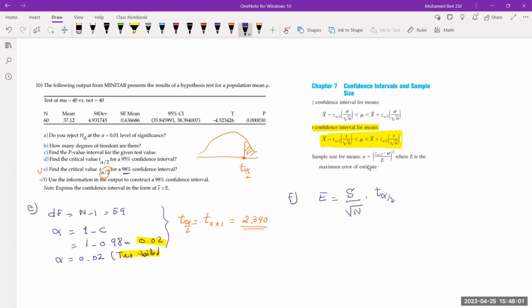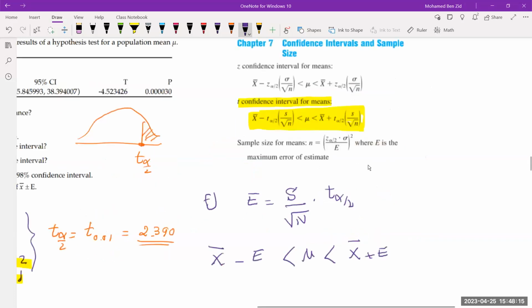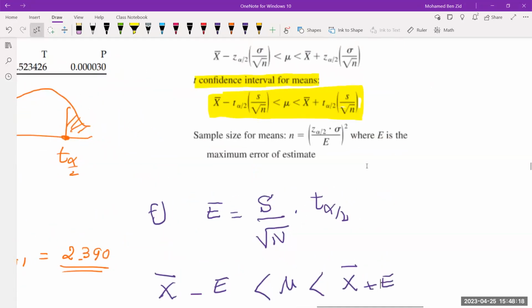And the confidence interval that you're looking for can be the mean between the X bar minus the error and the X bar plus the error. So it is the same formula, right? The only difference here is that we are calling this value E. So that's X bar plus E. And this value as well, we are calling it E. And that's the same value, by the way, right?